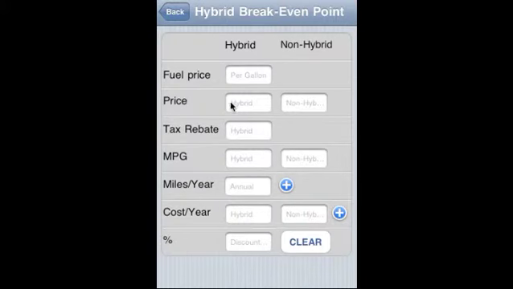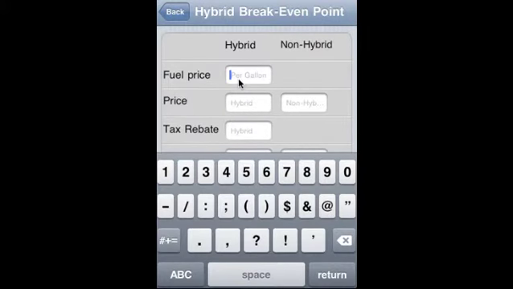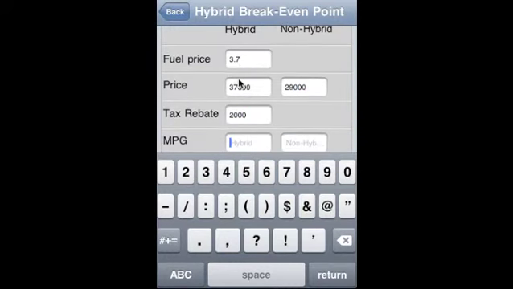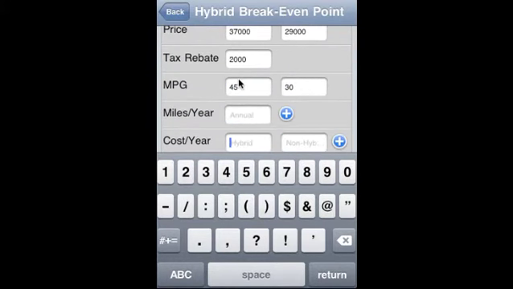So now clear up all those. Let us say we supply a fuel price. So hybrid price is 37,000 and your non-hybrid is 29,000. So $2,000 is rebate, miles per gallon is 45, 30, and we need to find out miles per year.